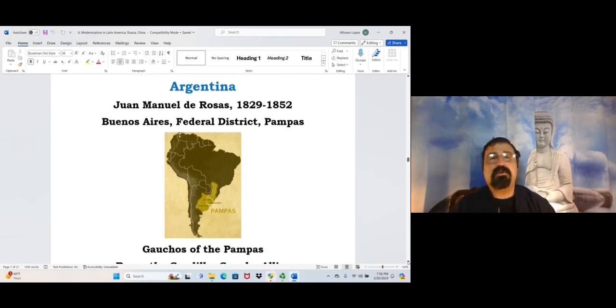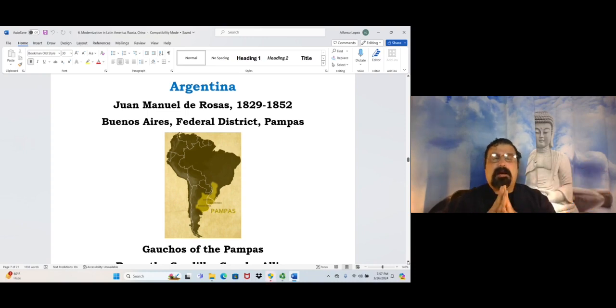So just to give you a few examples of caudillismo, of strongmen coming in and seizing control of a nation and trying to appeal to the masses as the protector of the people, it is a very feudalistic kind of political practice that really goes back in European history to the times of feudalism.